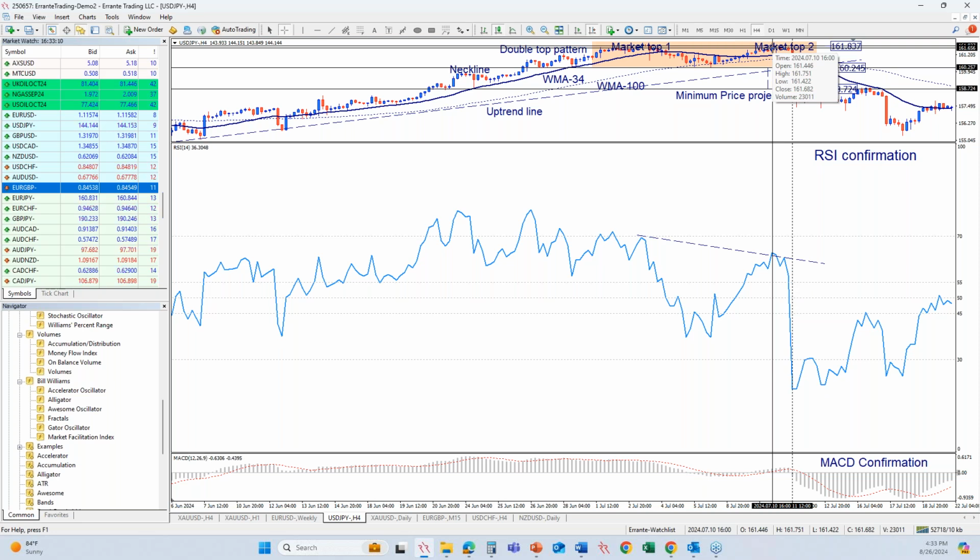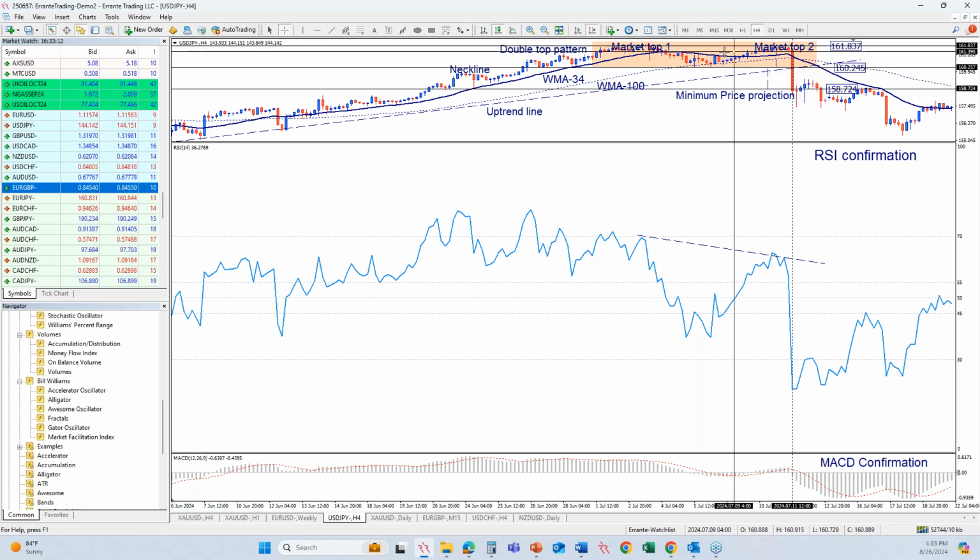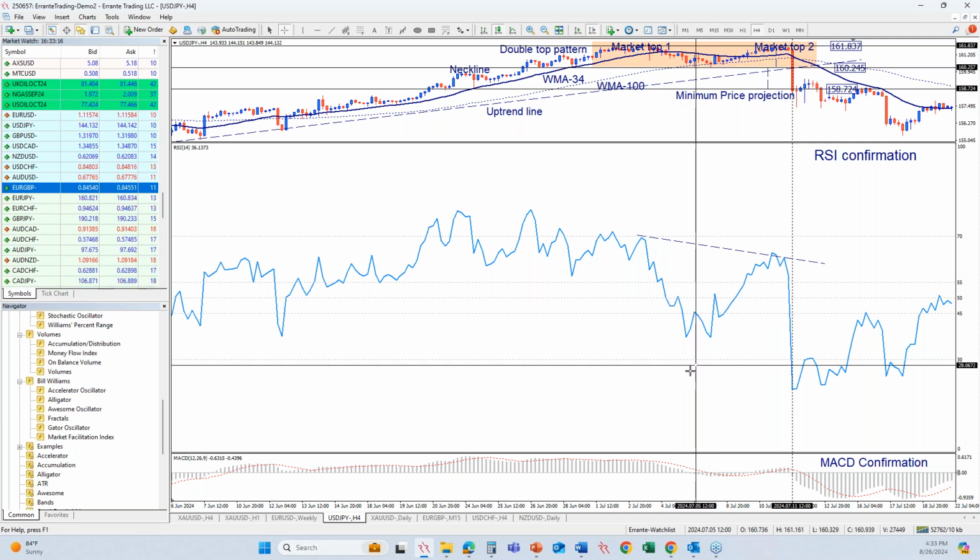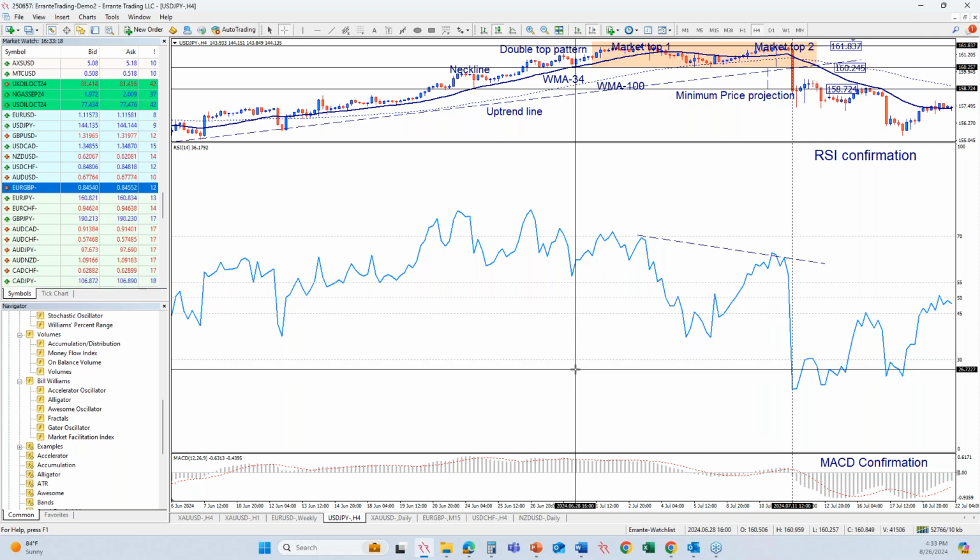As the price reaches the second peak, market top 2, the RSI is lower than it was at the first market top, indicating weakening bullish momentum. Additionally, after the neckline break, the RSI moves below 50.